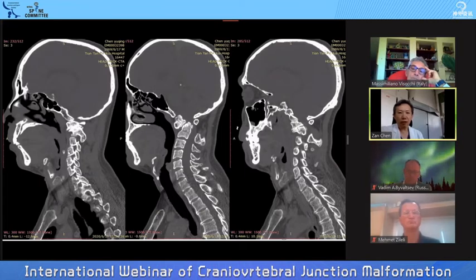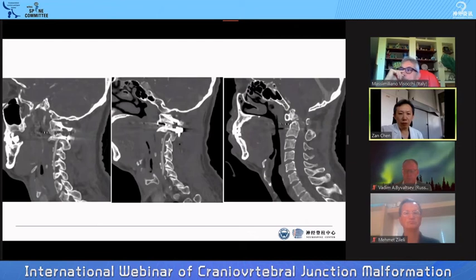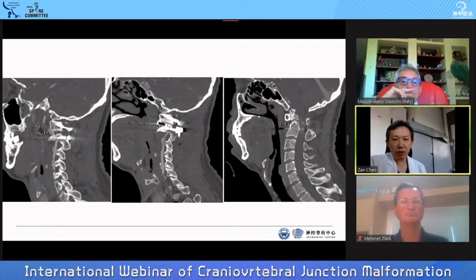In this kind of case, we should do a very complete release in the bilateral facet joint and put a cage in the facet joint as a pivot. With that cage, we can perform posterior compression between the screws on C1 and C2. Then we can get a satisfied reduction of this kind of dislocation.